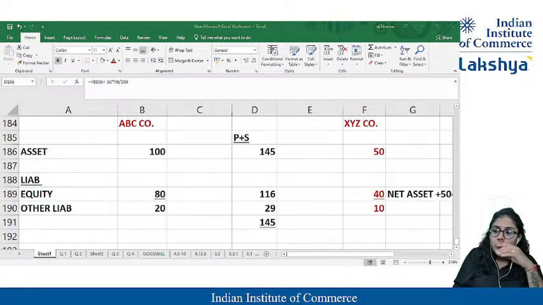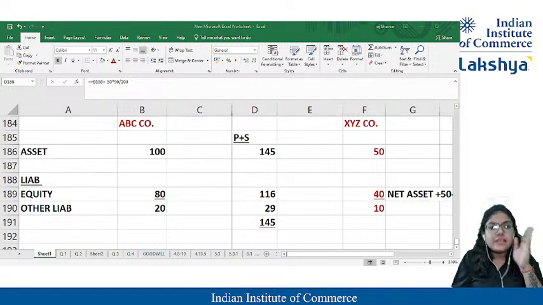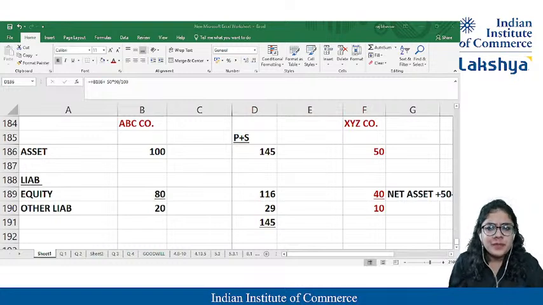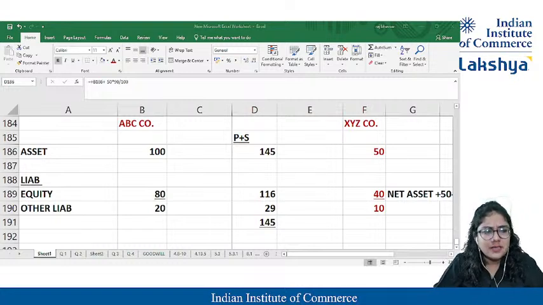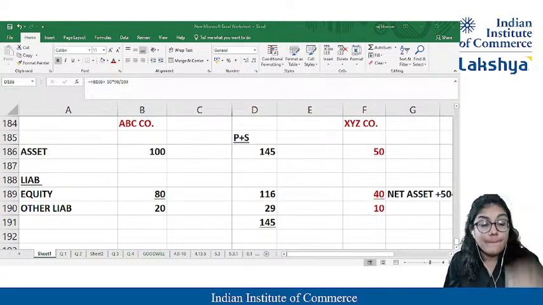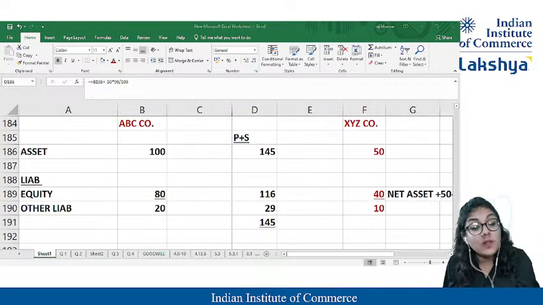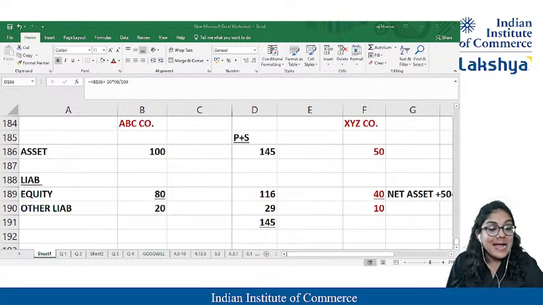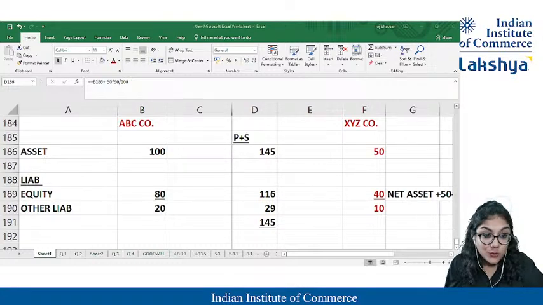Ma'am, but you have taken only 90%. If you had taken 100%, I would have added everything. But we cannot take full? I'll tell you: all the assets and all the liabilities are to be taken in full. I don't have a right to the full, but am I not the parent?